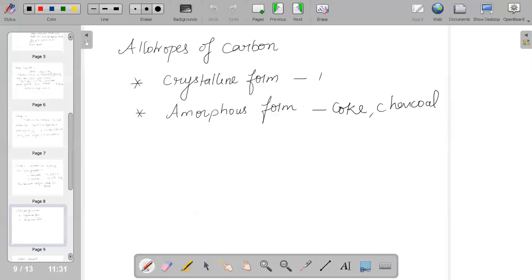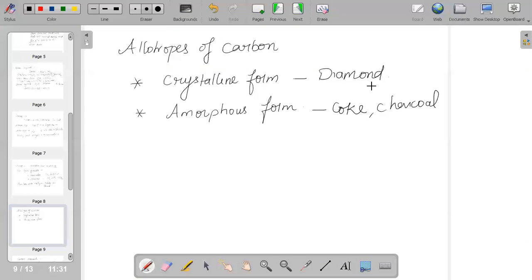Here we have diamond, graphite, and fullerene. In diamond, as we all know, each carbon is attached to 4 carbon atoms, giving rise to a compact 3-dimensional structure. In graphite, carbon is sp2 hybridized, and each carbon is covalently attached to other carbons, giving a hexagonal ring.